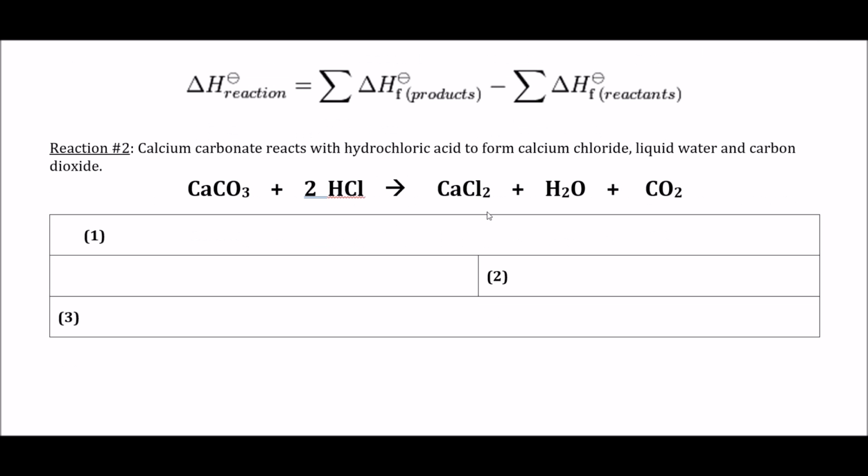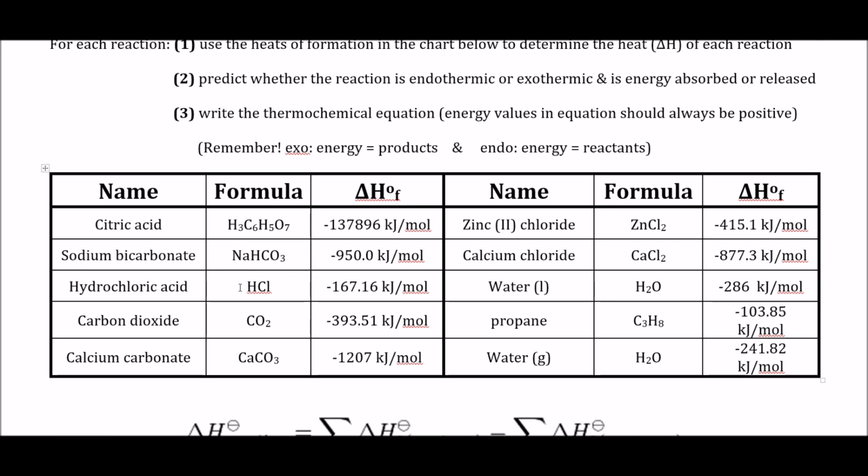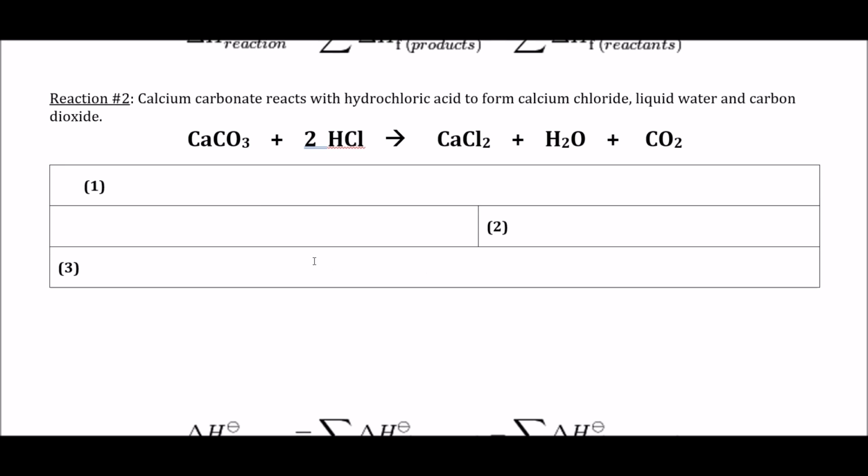If you take a look, the calcium chloride right here, if you go up to the top, is going to have a delta H of negative 877.3.